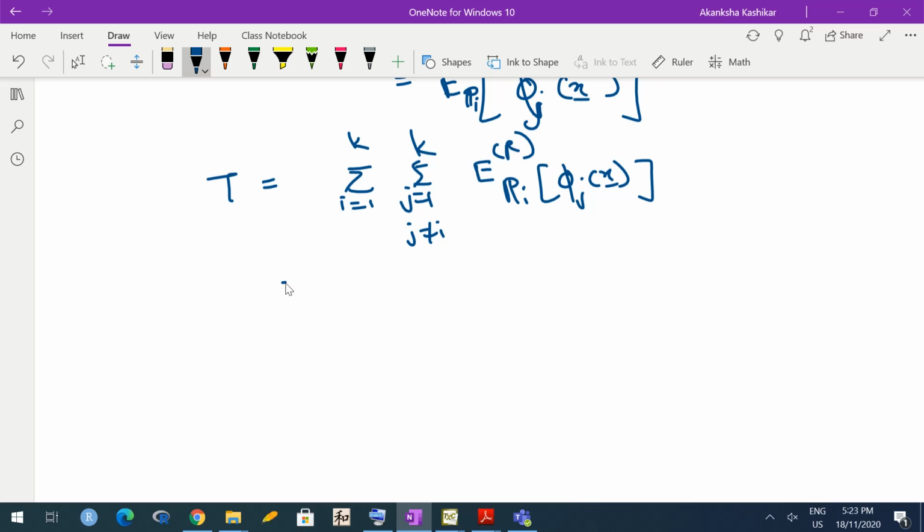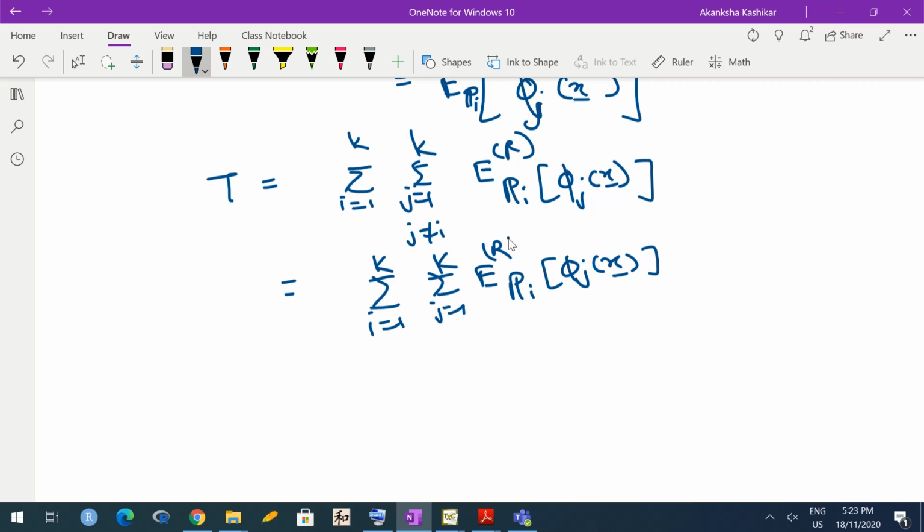Now j not equal to i, can I try to simplify it? So maybe I can make it j equal to 1 to k for the entire thing, sum of E_Pi phi j(X), R. Ideally the expectation should be with capital X. Minus, because I am considering the j equal to i case here, I need to subtract it.